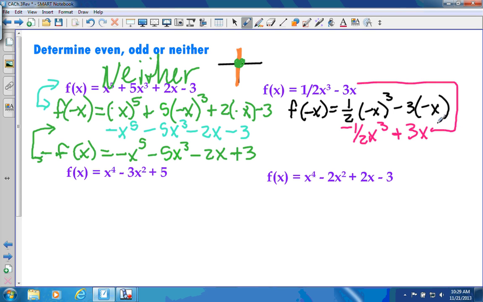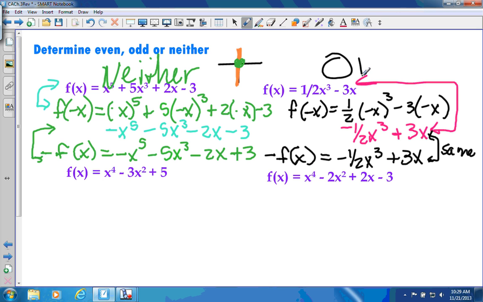These two things are not the same, so therefore they're not even. And then to check for oddness, you just take the opposite of f of x, which would be a negative 1/2 x cubed plus 3x. And now, since these two are the same, we say they are odd.